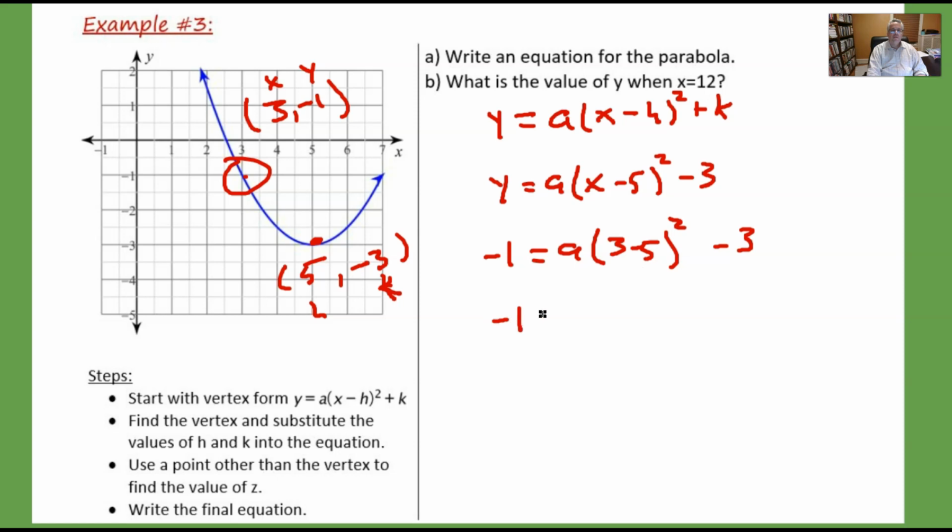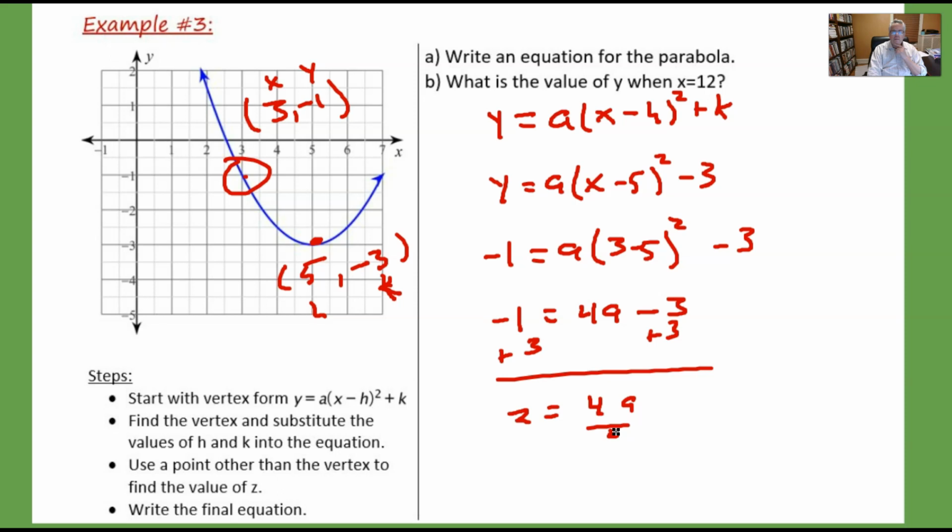So we get -1 equals a times 4, which I'll write as 4a minus 3. We have to add 3 to both sides, and we get 2 equals 4a. If I divide by 4, I get 1/2 equals a.